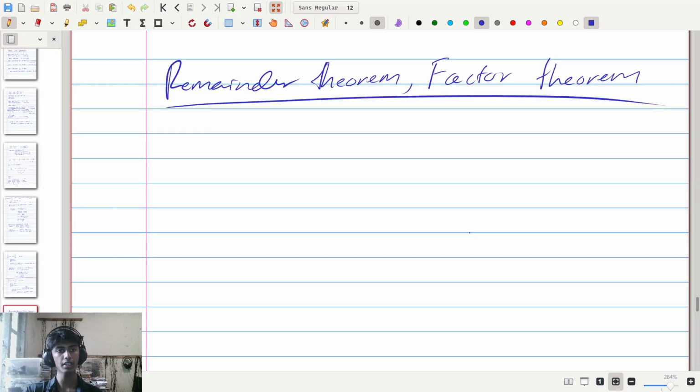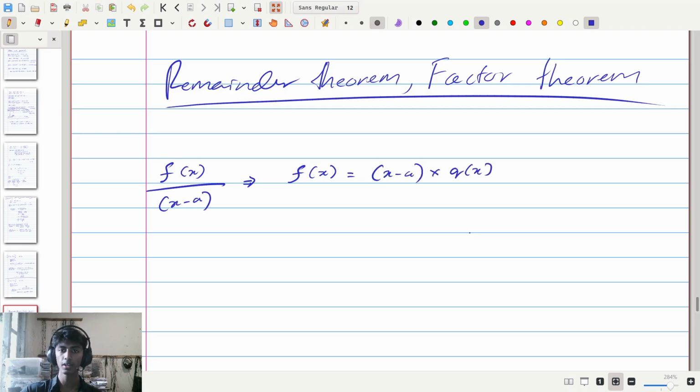So if we consider dividing f(x), which is a polynomial, by x minus a, what this means is we're trying to find f(x) equal to (x minus a) times some function which I'm going to call q(x), plus some function which I'm going to call r(x).